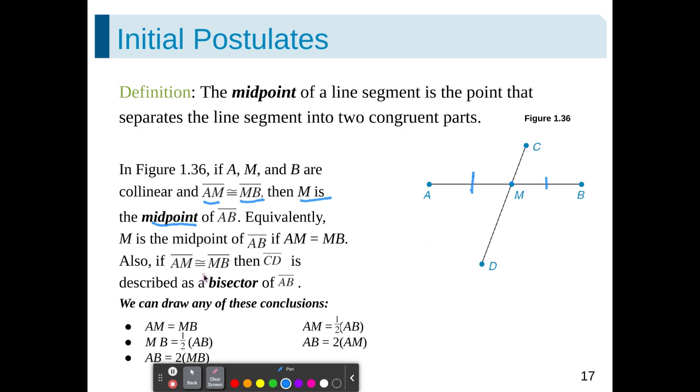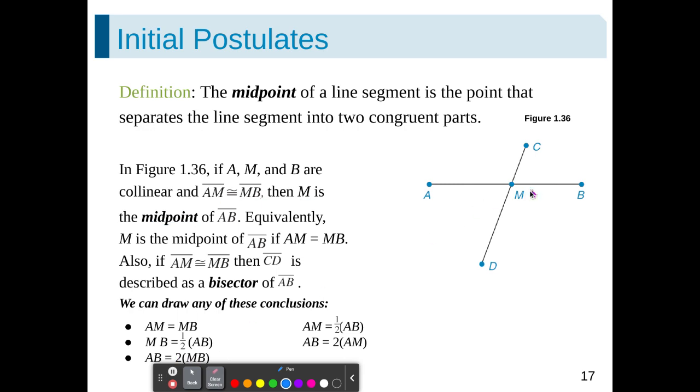And then also, CD is known as the bisector. So line segment CD cuts AB in half. It's the bisector. These are all just terminology. Now with that, we have different combinations of relationships. We can say that the measure of AM is equal to the measure of MB.